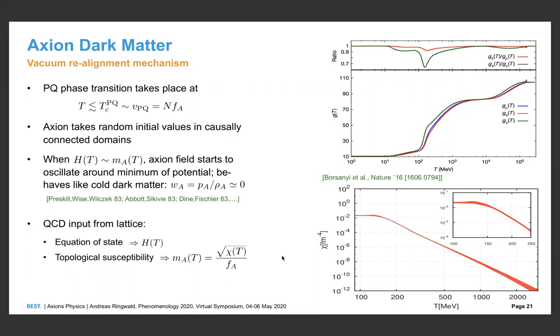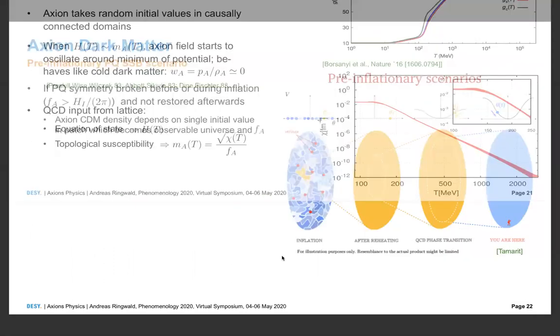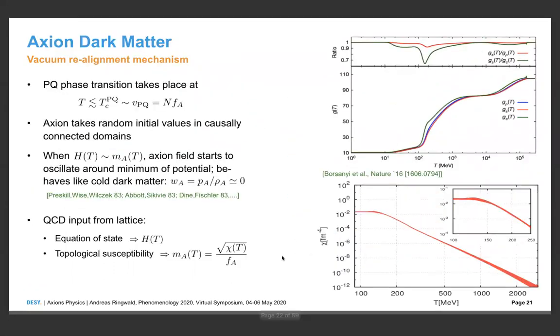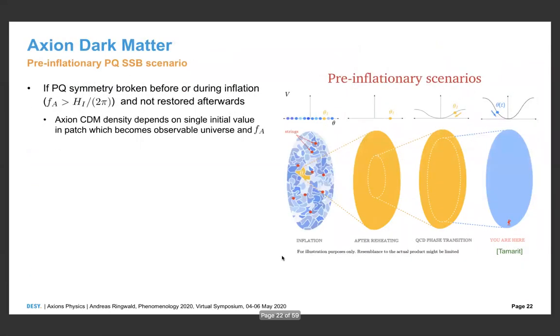This made it possible to calculate the axion abundance quite reliably. But nevertheless, there are further uncertainties or environmental factors which still make the prediction uncertain.